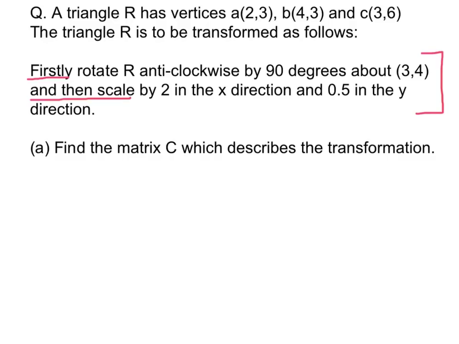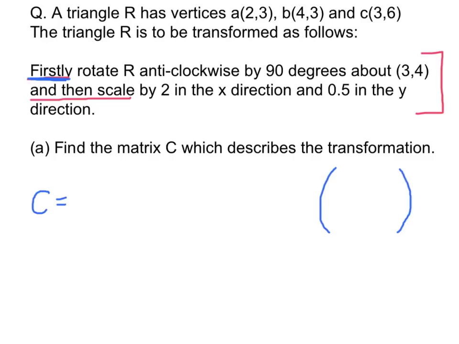Okay, let me write out the matrices that are going to form C. I'm going to start over here on the right hand part of the page because I'm going to apply C to a given set of points, in this case a triangle. Now the first thing I have to do is rotate it, so this is the firstly, rotate R anticlockwise by 90 degrees about 3, 4.